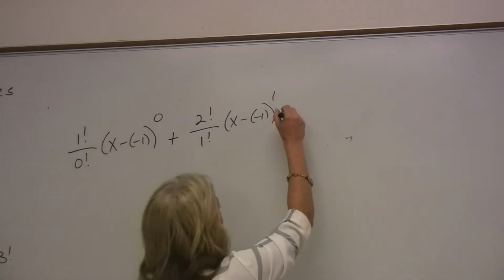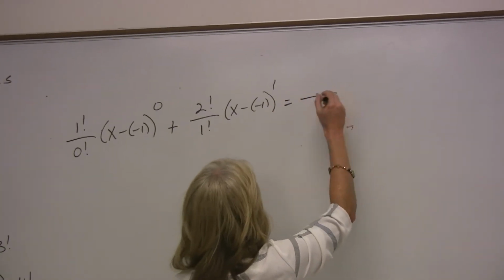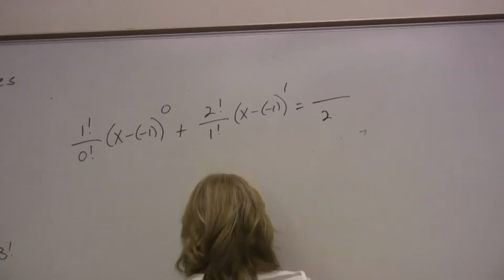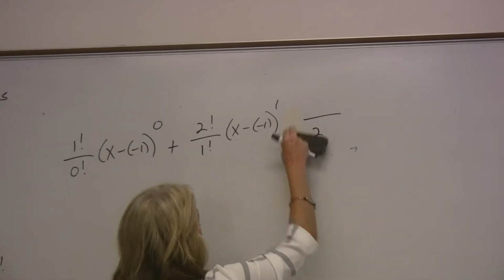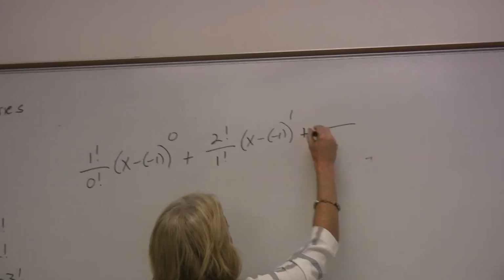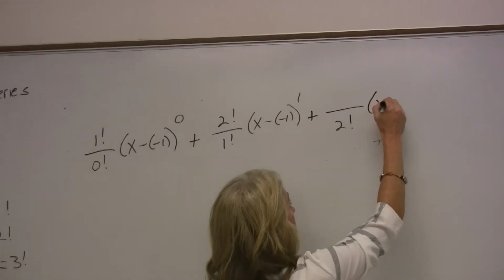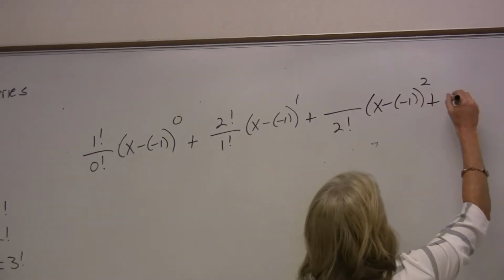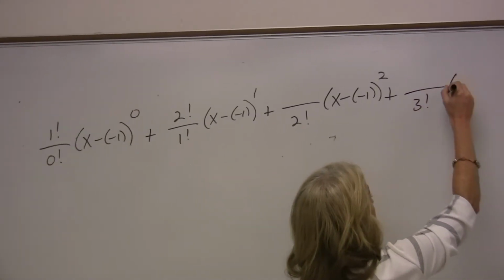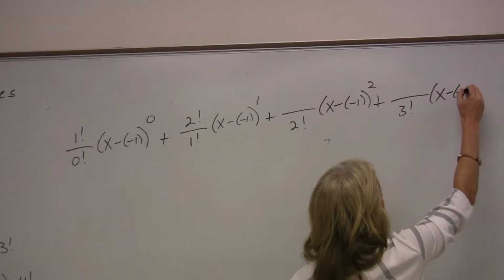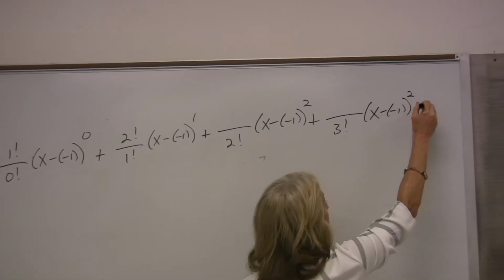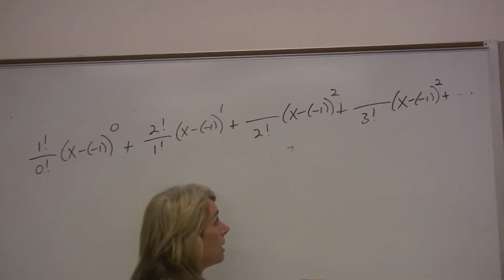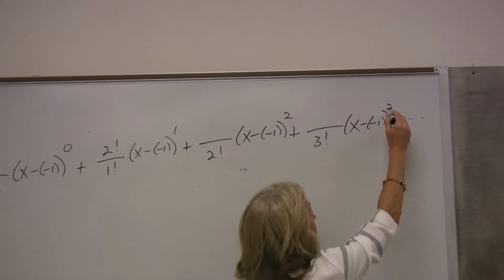I mean, technically, just when I knew it was going to be Taylor, I could have done all of this, not equal to plus. We do this part first. All of this part doesn't change. Every single Taylor series centered at -1 is going to do this. Oops, that's a 3.